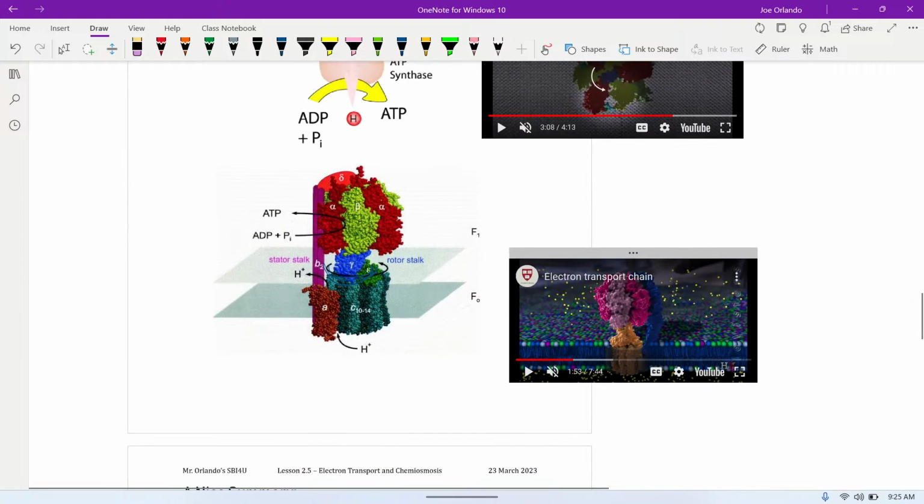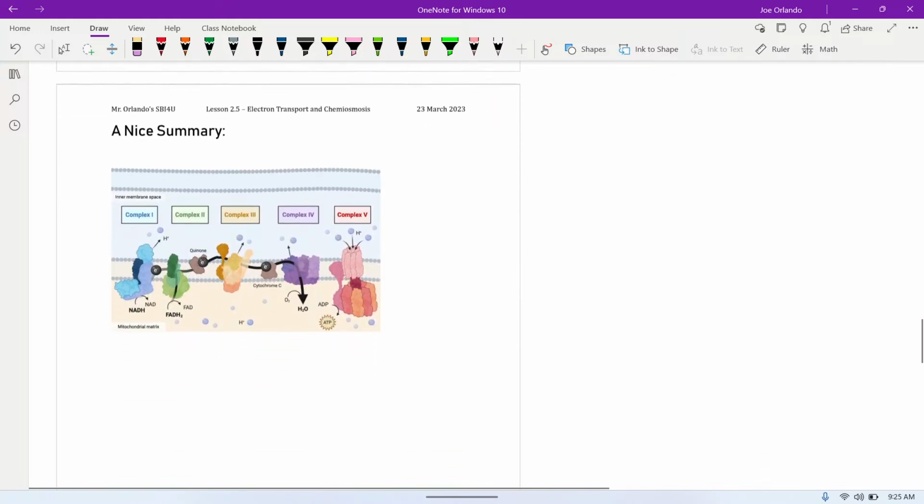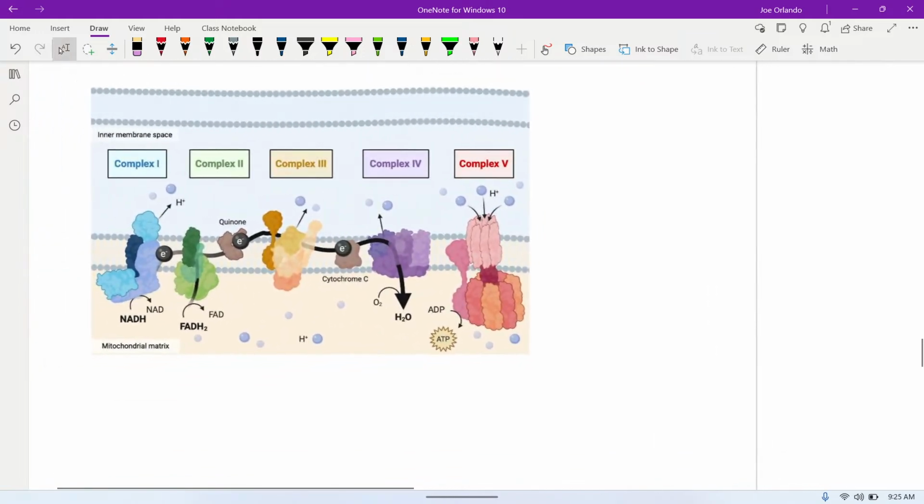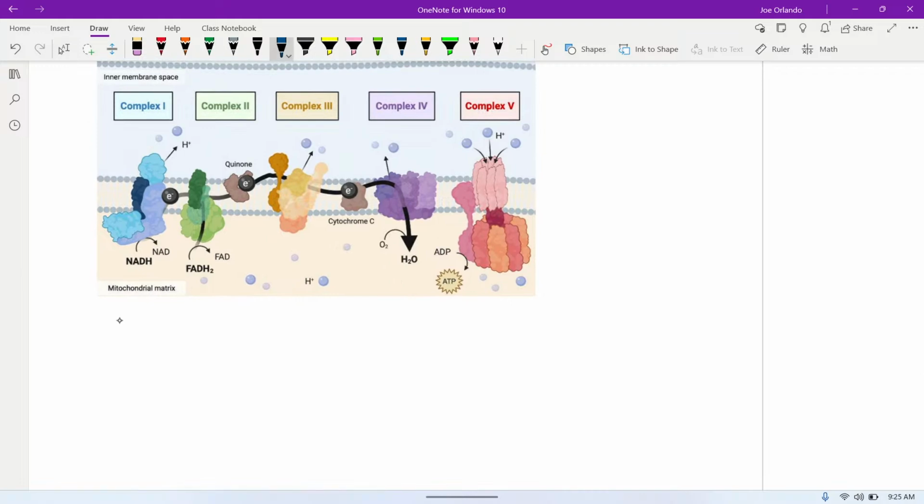Long story short, no. But don't worry, I'll print it out for you. But here's the basic idea. We call this the chemiosmotic hypothesis. And the chemiosmotic hypothesis, in short, says this.